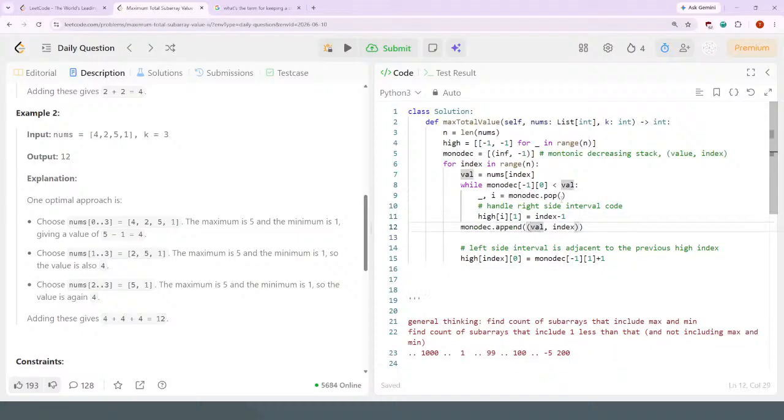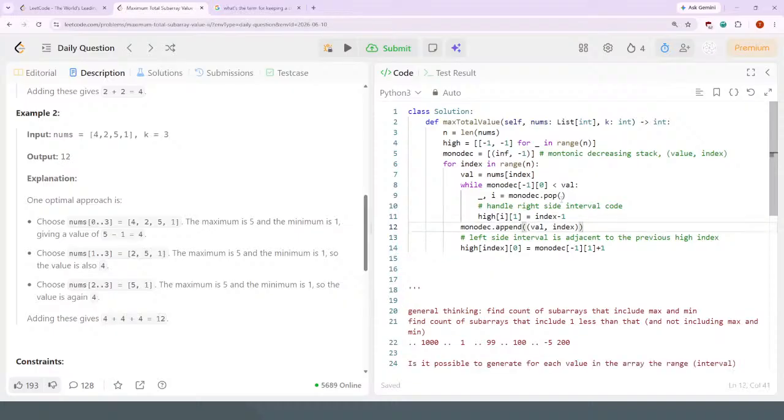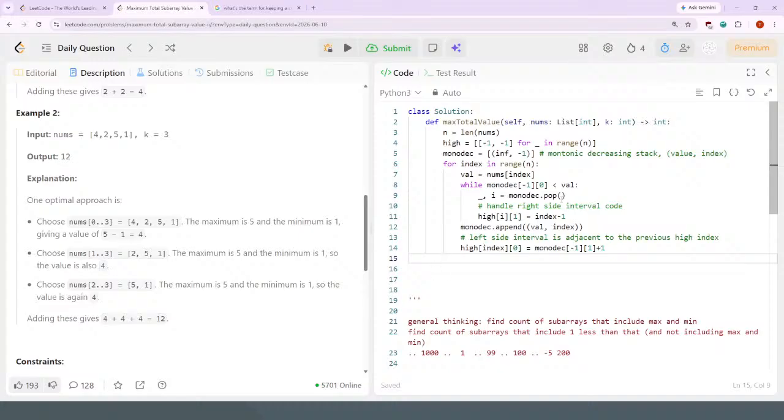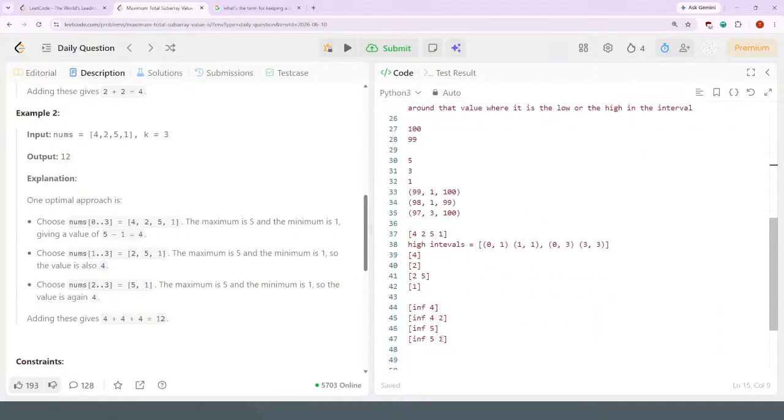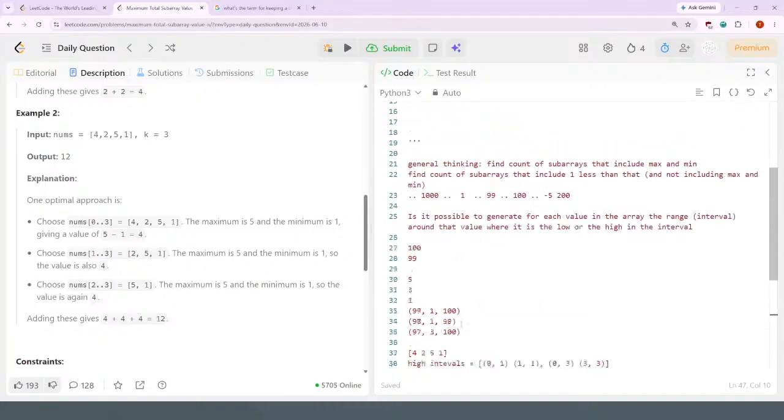And then there will be a monodeck at the very end. So now everything here extends as far right as the last.